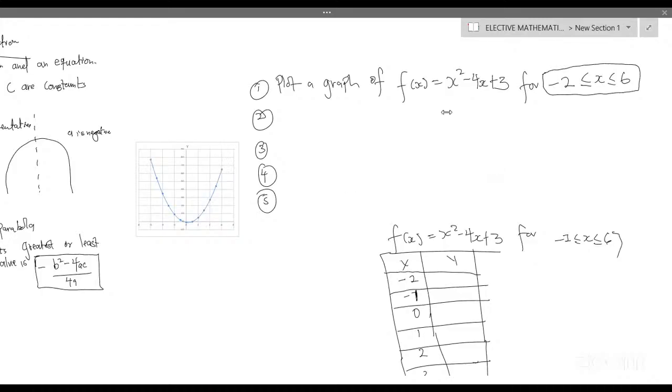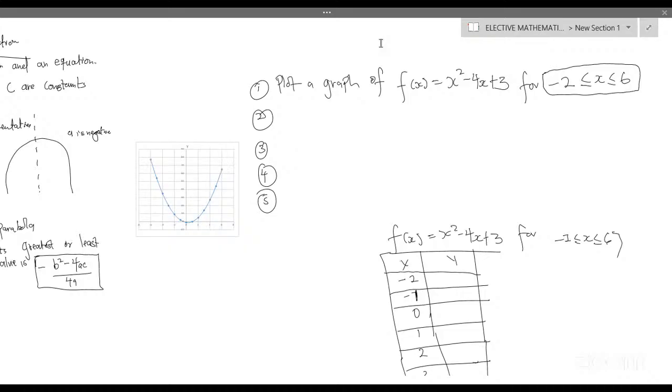Question 1 says plot a graph of the function f of x is equal to 2x squared minus 4x plus 3, for x greater than or equal to -2 and x less than or equal to 6.